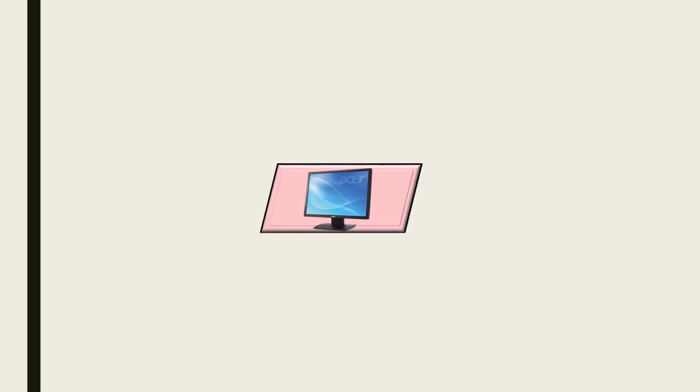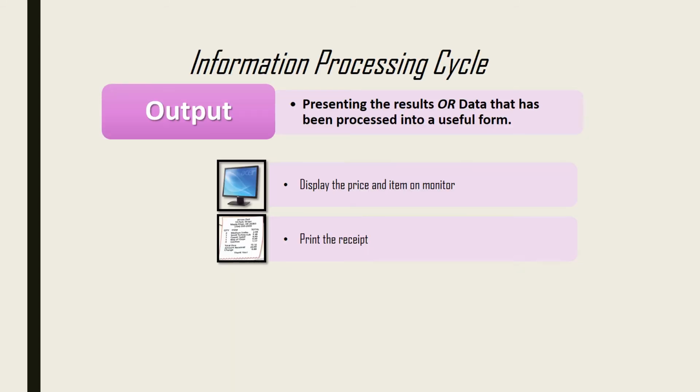Now, let's detail out what output is. In the information processing cycle, output means presenting the result or data that has been processed into a useful form.